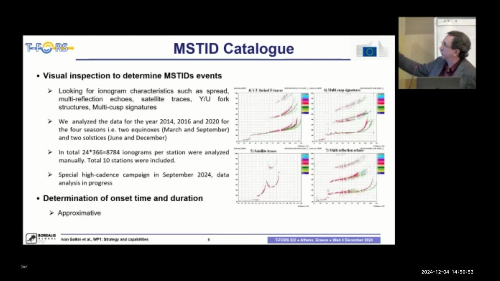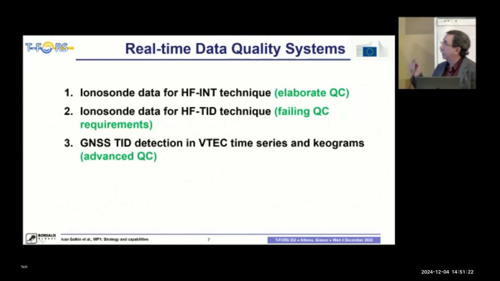I'm not going to go through all the splits and spreads and satellite traces and structures and multi-cusp signatures. So there are certainly clean signatures of the MSTID. They're all cataloged for 10 stations. So it's roughly more than 100,000 ionograms that were scaled specifically to identify if TID is present or not. Okay, so that was the good part.